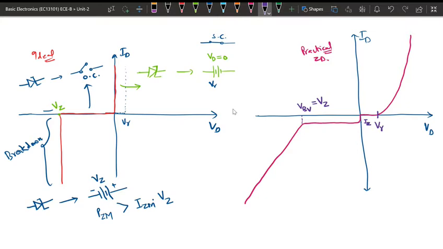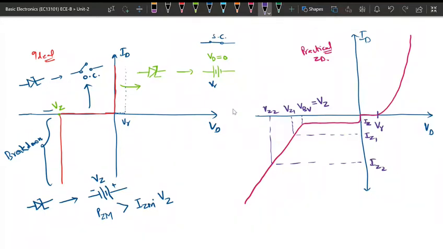Similarly, if we increase the voltage further, we will have VZ1, and with respect to that we will have the current IZ1. Similarly, if we have a VZ2, we can have the current IZ2.